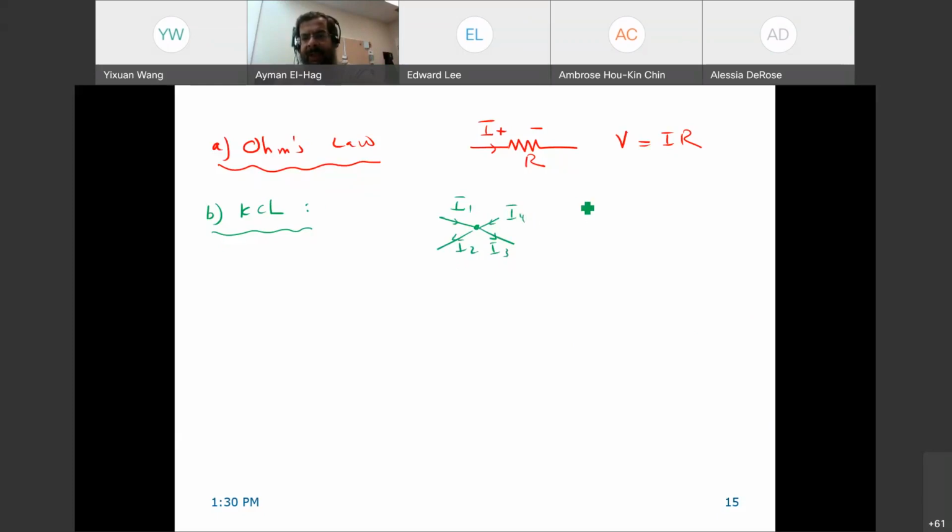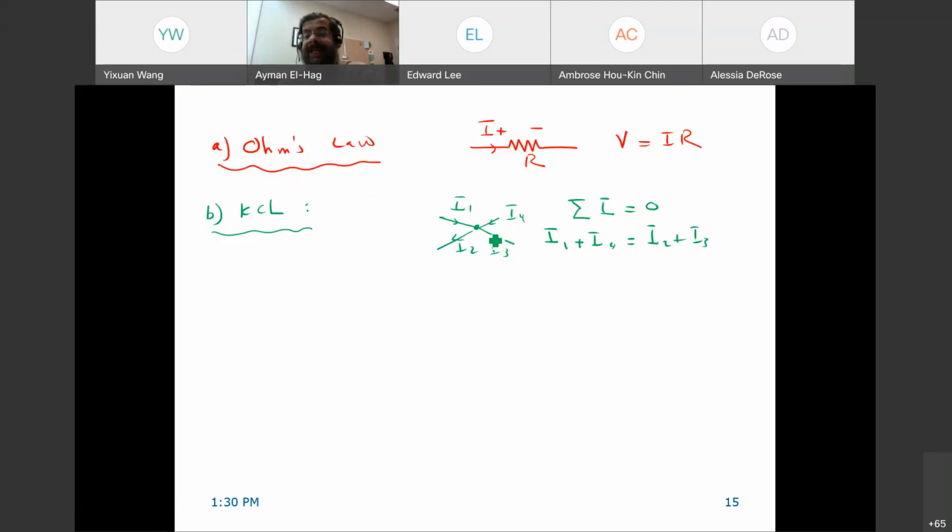We said that summation of I equal to 0. Or we can say current enter the node, so I1 plus I4 current enter the node equal current leaves the node, I2 plus I3. I1 enter the node, I4 enter the node, I2 and I3 are leaving the node.